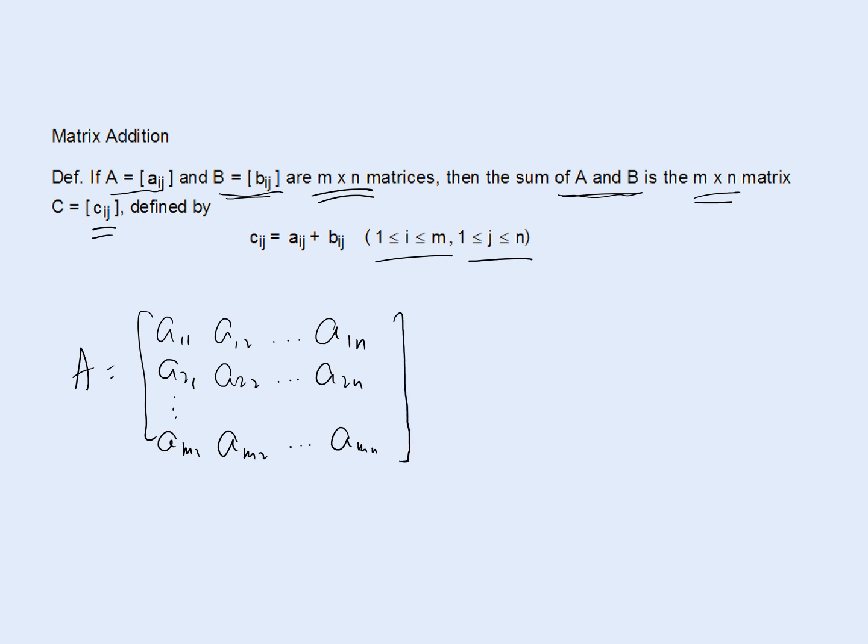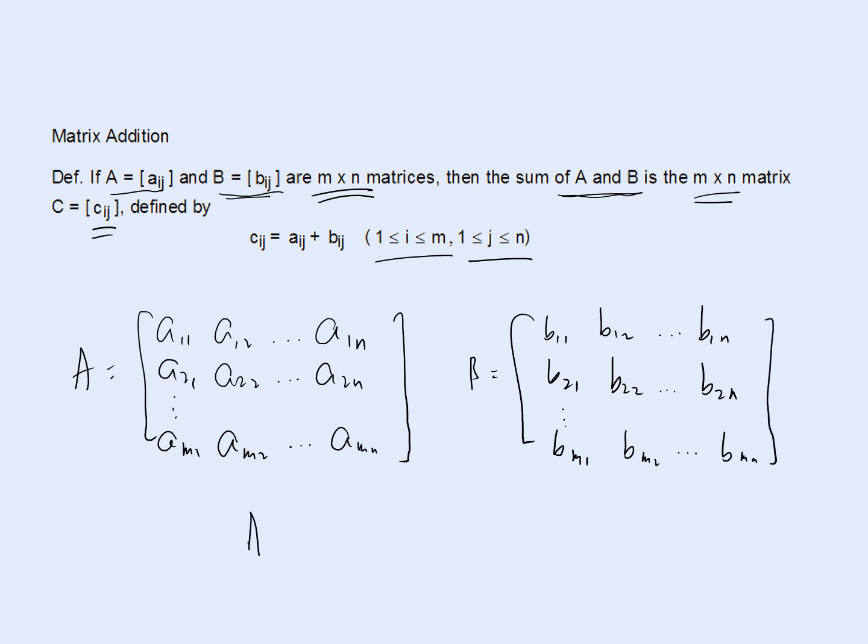We then add this to matrix B, where the elements are B11, B12 up to B1n, B21, B22 up to B2n, down to Bm1, Bm2, up to Bmn.